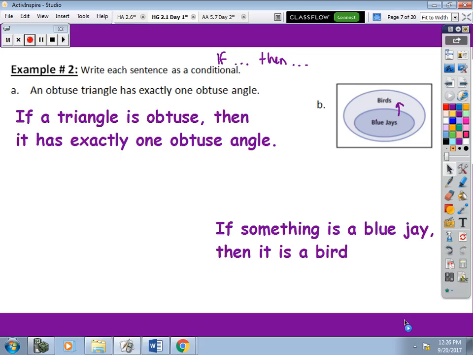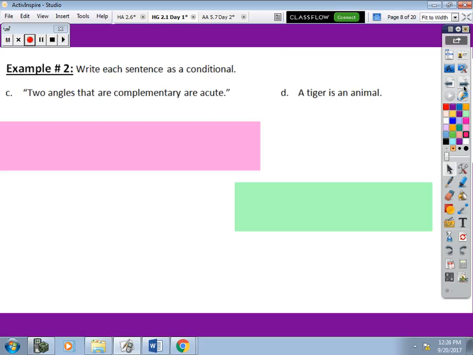But we are going to learn about the converse on the back, which we're going to use a lot in chapters 3 and 4 when we're writing our 2-column proofs. So it is important that we get all this down now. All right, C, who could tell me what they would write as the conditional? Two angles that are complementary are acute. Rachel?